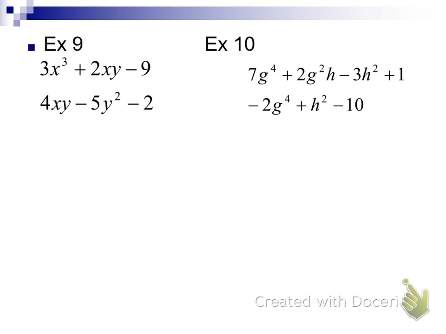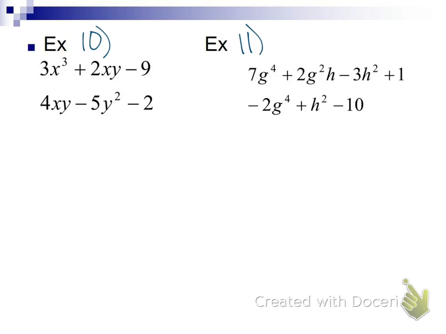All right. The numbering is just a little off. This is your example 10 and 11. On number 10, did they line up our like terms for us? No, they did not. So if you want to rewrite it, you can, or you just have to be kind of careful.